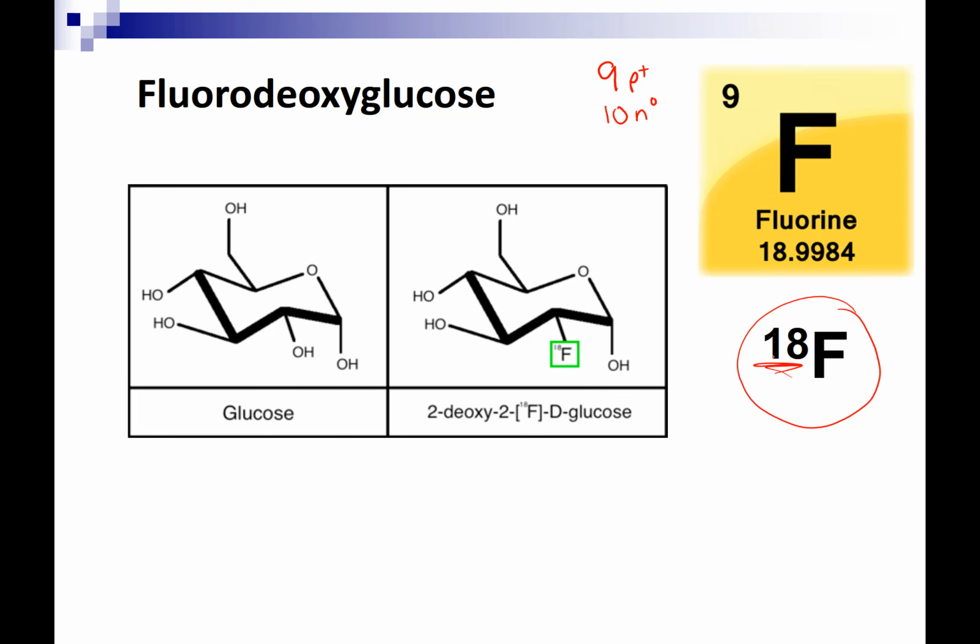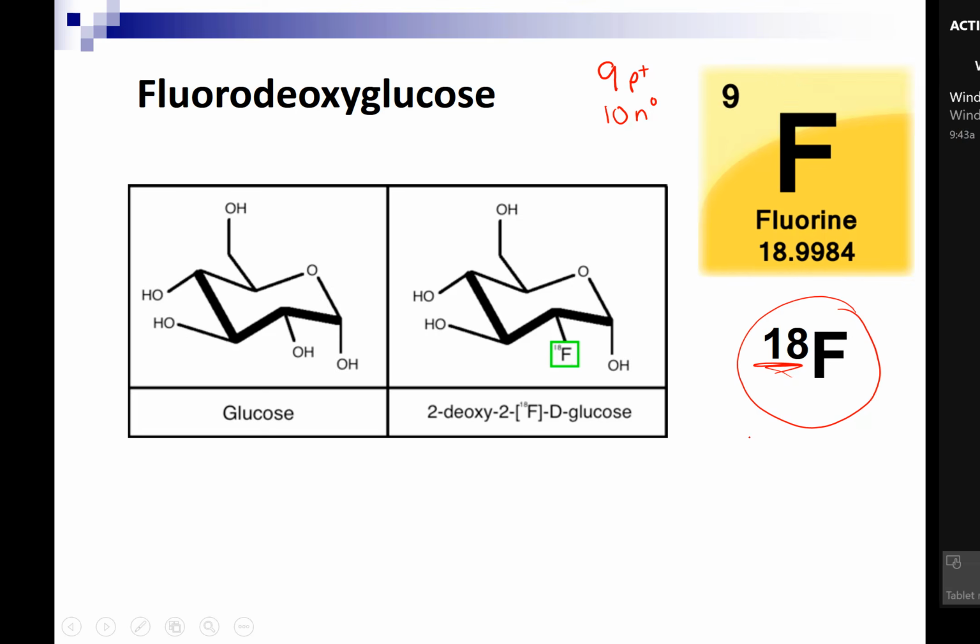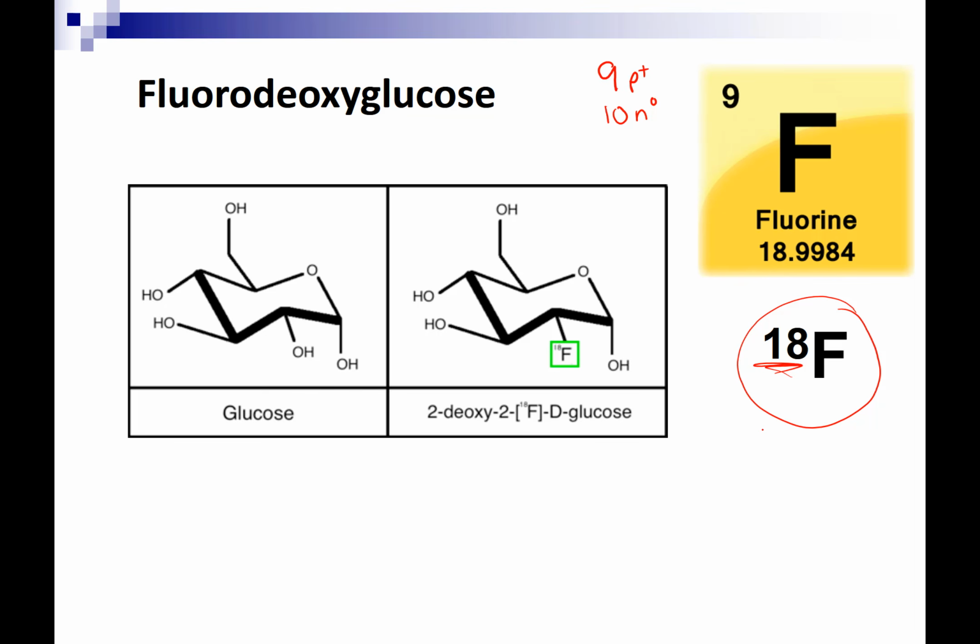Fluorine 18, which is a radioisotope, which means it gives off energy as it breaks down. And we can measure this energy.